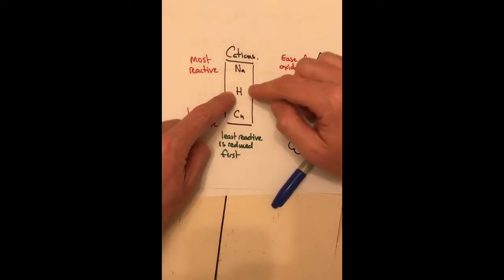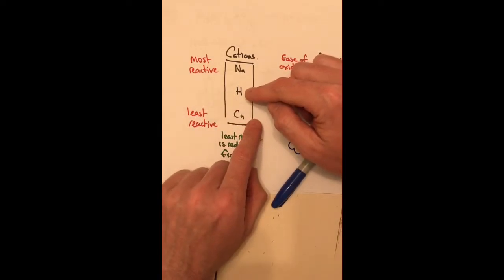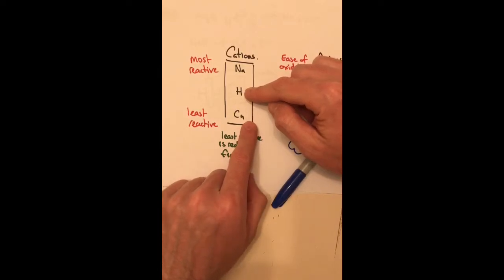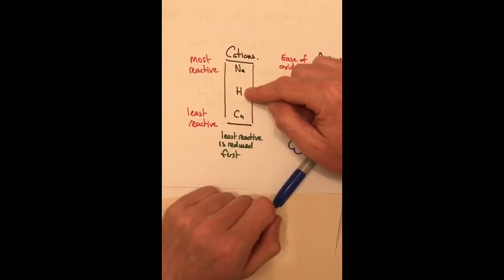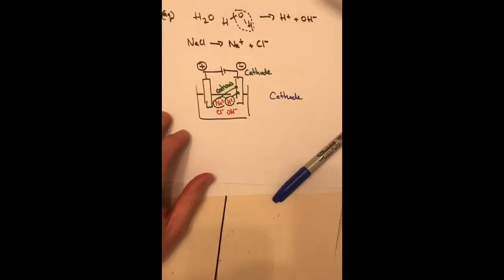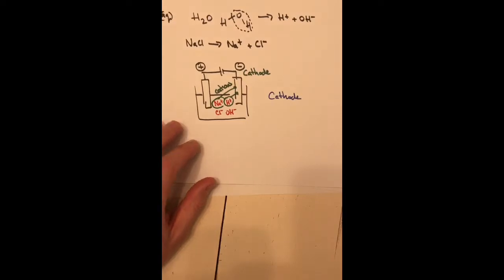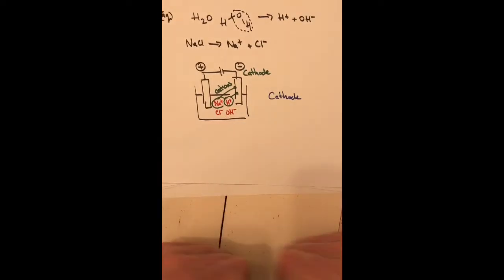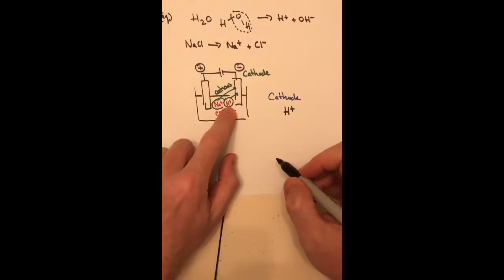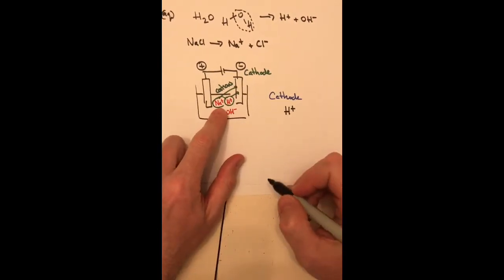If I'm going to do another example in a separate video, the hydrogen ions and the copper ions would be present in solution, then it would be the copper ions that would react first because they are the least reactive. So using that as our example, that means we have to deal with the hydrogen ions first in our reaction because the hydrogen ions are less reactive than the sodium ions.